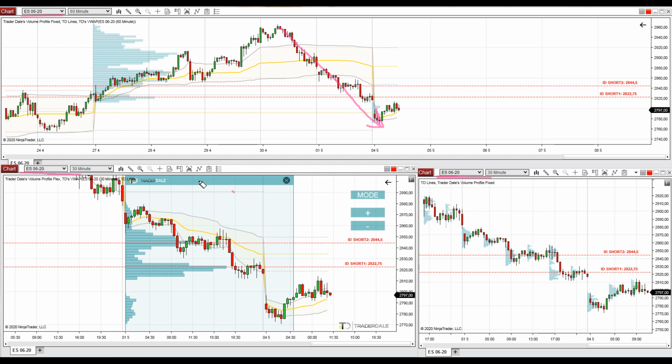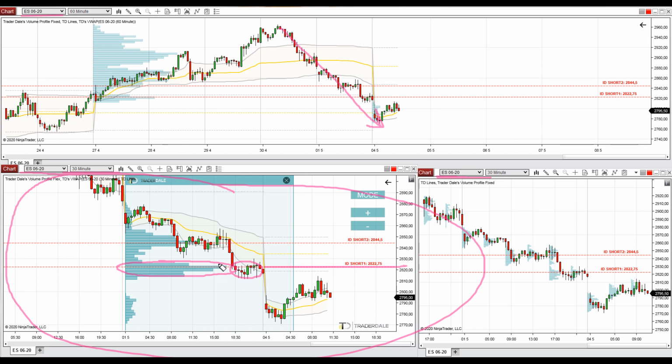So in here, if you look at this chart, this is 30-minute chart of the ES. Now it is pretty clear. The first significant volume cluster is in here at 2822.75, and it got created in this rotation before the close on Friday.